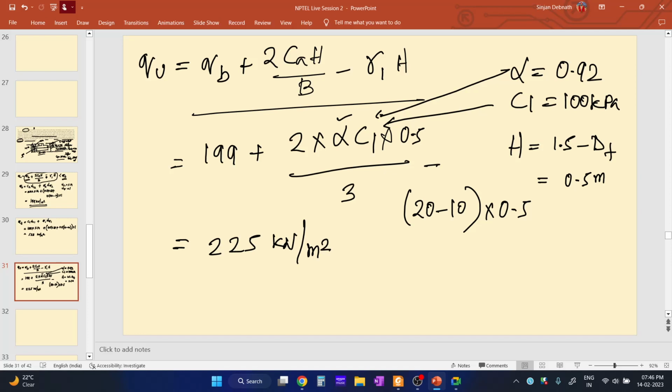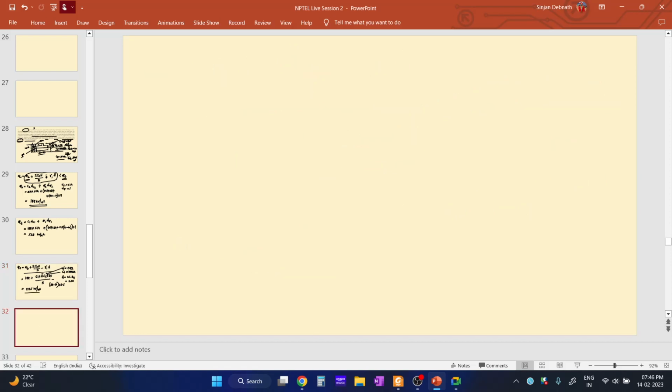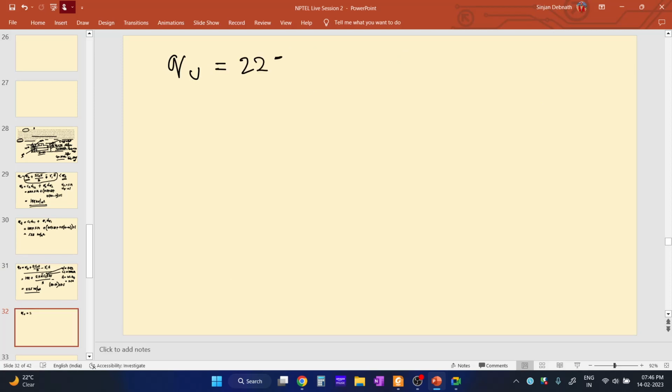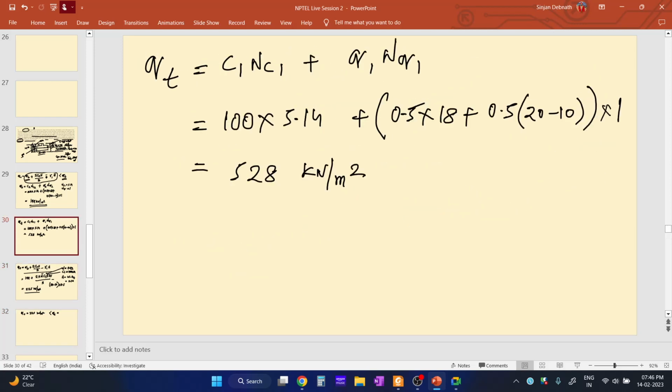So now you see QU is equal to 225 kilonewton per meter square. Let me write it down once again. QU, that is the ultimate bearing capacity of the two layered soil system, is equal to 225 kilonewton per meter square. And it should be less than QT. And what is QT? QT we got 528 kilonewton per meter square.